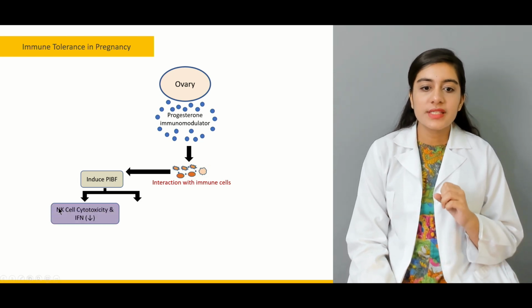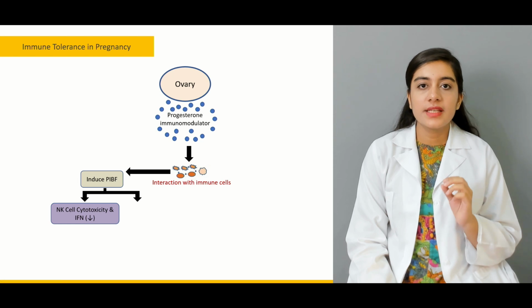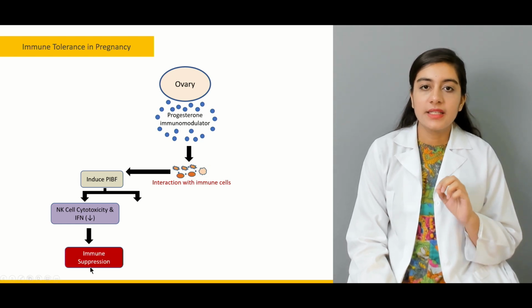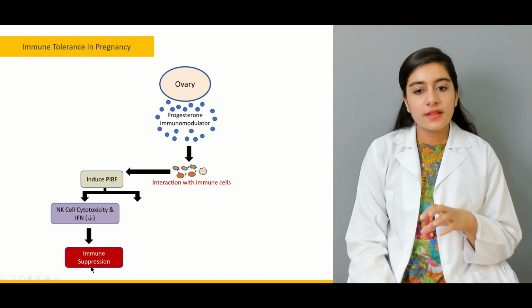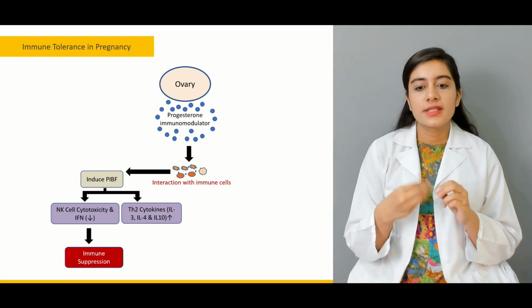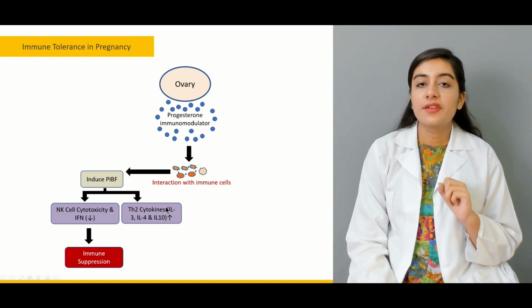The first one is the decrease in NK cell cytotoxicity and the decrease in interferon, and this causes immune suppression. The other process is the production of Th2 cytokines, that is interleukin 3, interleukin 4 and interleukin 10. They are increased.